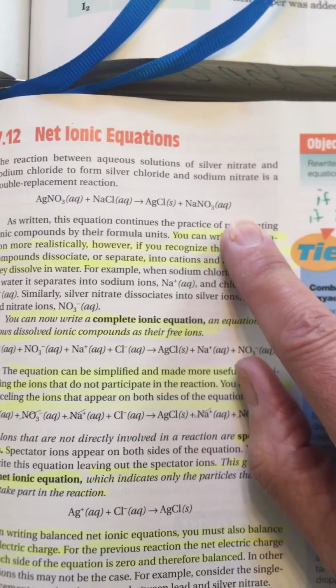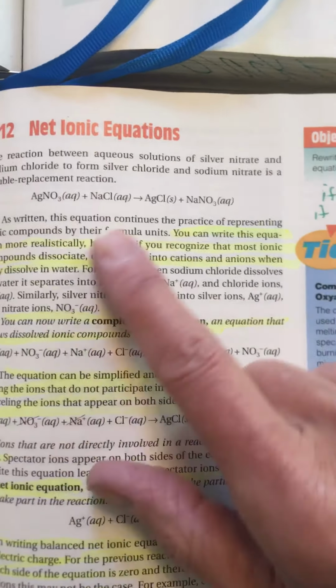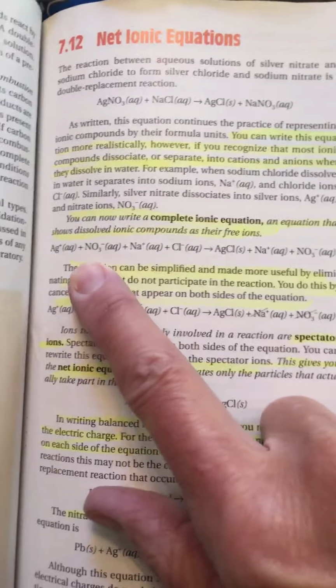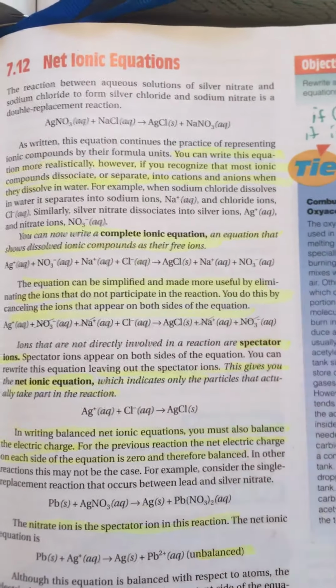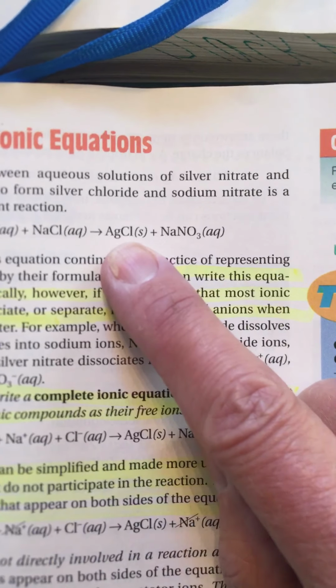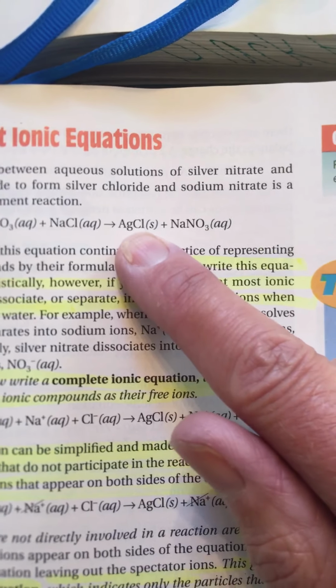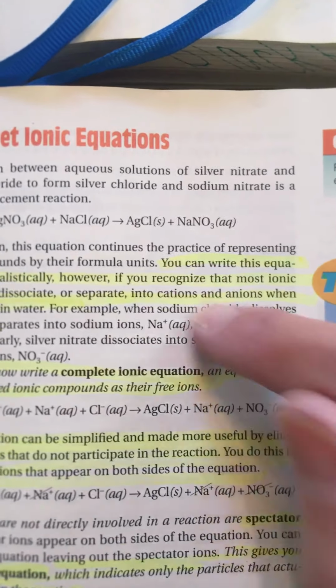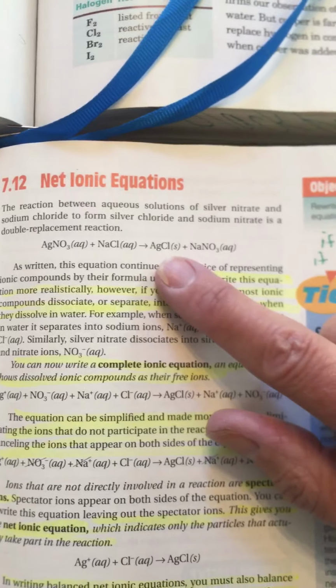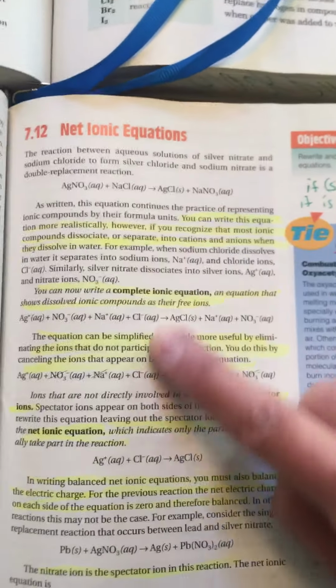That means these are all just, well, except that one. If they were all aqueous, you would write them as ions floating around. But because this one becomes a solid, that means you have a solid precipitate come out. That means this reaction really does happen. Something happens more than everything just disassociating and floating around the beaker.